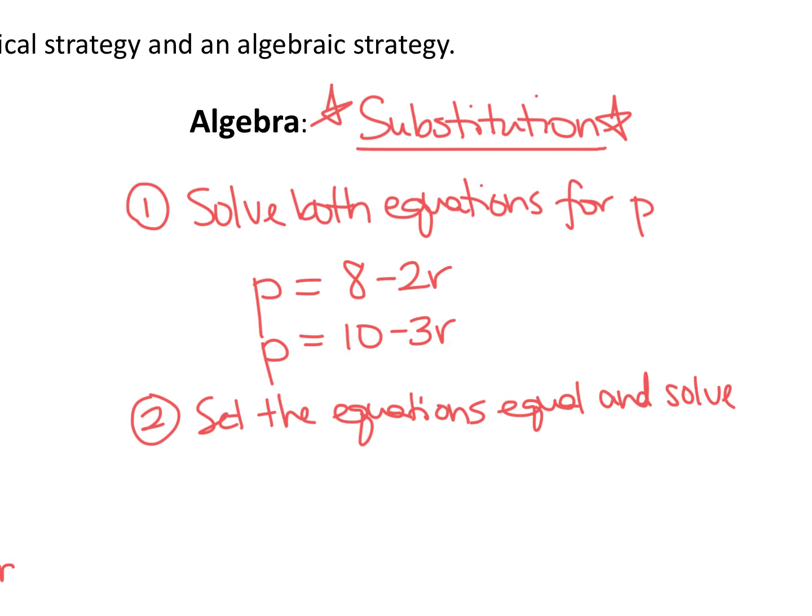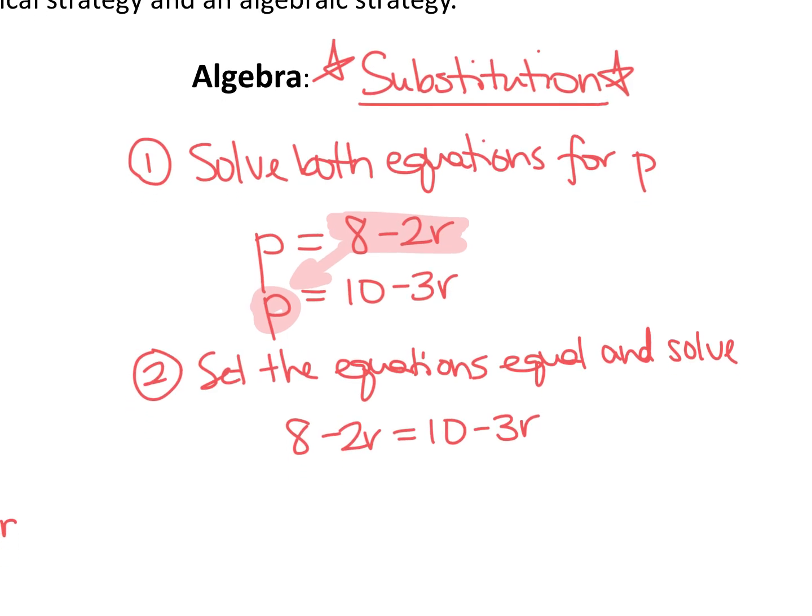So I can actually replace this expression right here where the p is. Okay, so I go 8 minus 2r equals 10 minus 3r. I haven't changed anything. This is still equivalent to each other because 8 minus 2r is p, and I just did a replacement. Okay, and then we just solve it for r.